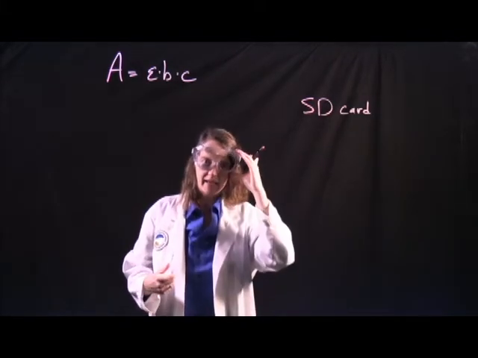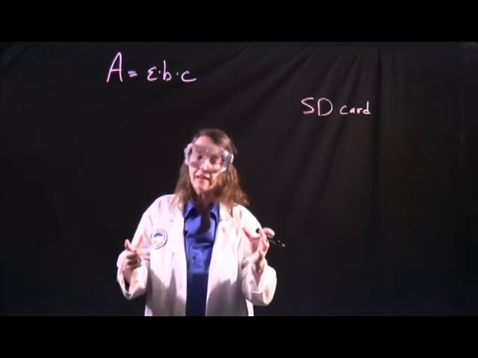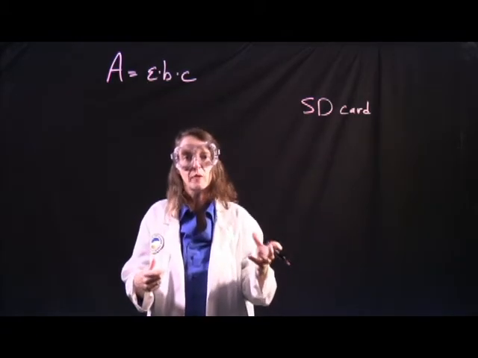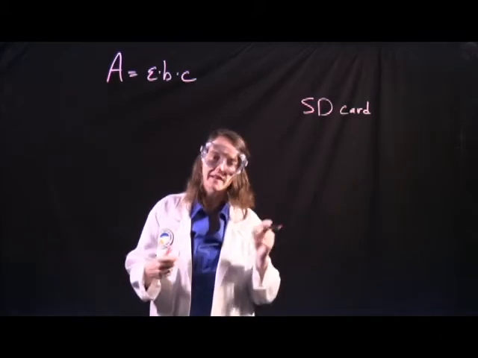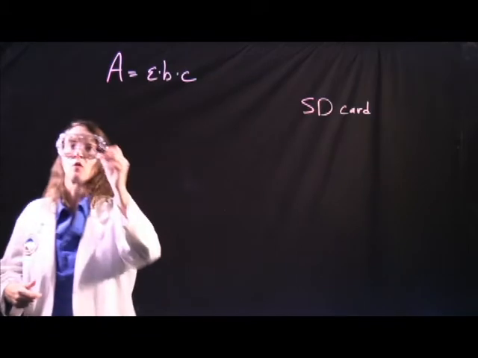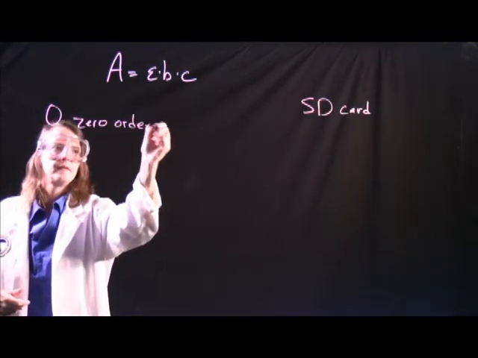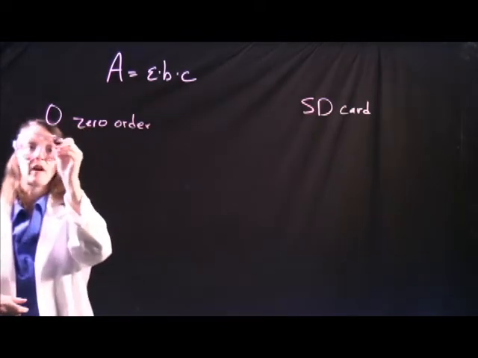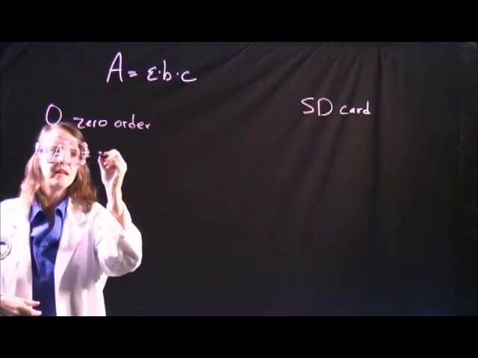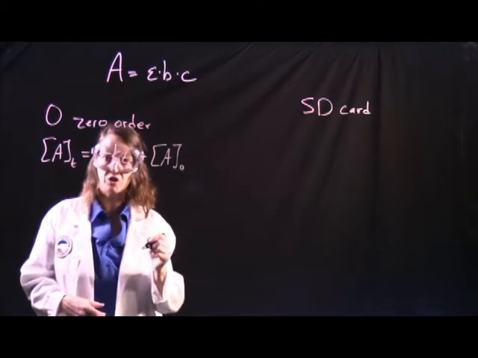Once you gather the data, you have it all in the LabQuest probe, you'll be able to analyze that data by graphing it and looking for the best fit straight line to determine whether you have zero, first, or second order kinetics. Remember that when you're talking about zero order kinetics, the equation that describes zero order kinetics is concentration at a particular point in time is equal to negative kt plus the initial concentration.